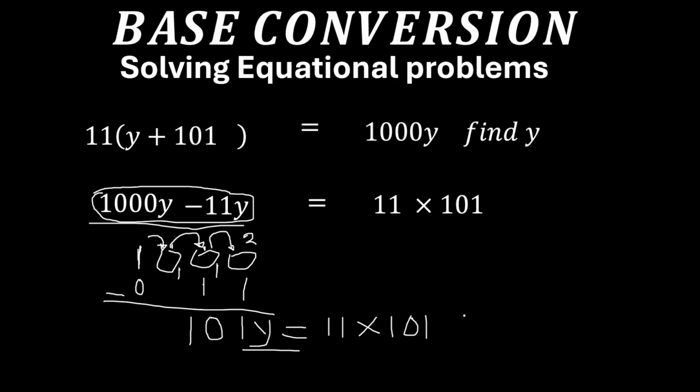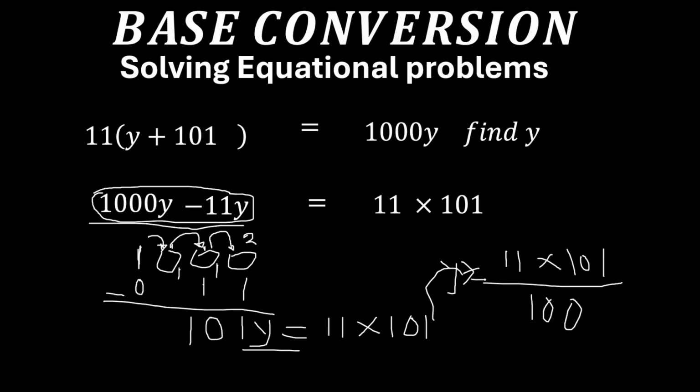101. So automatically, our expression here will now become something like 1 multiplied by what? 101 divided by what? That is by what? 101. So automatically, everything here has now become our what? Our Y. Okay?